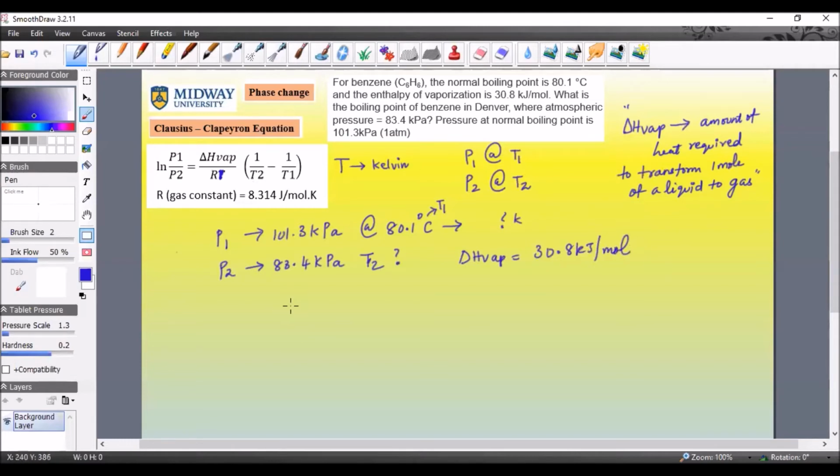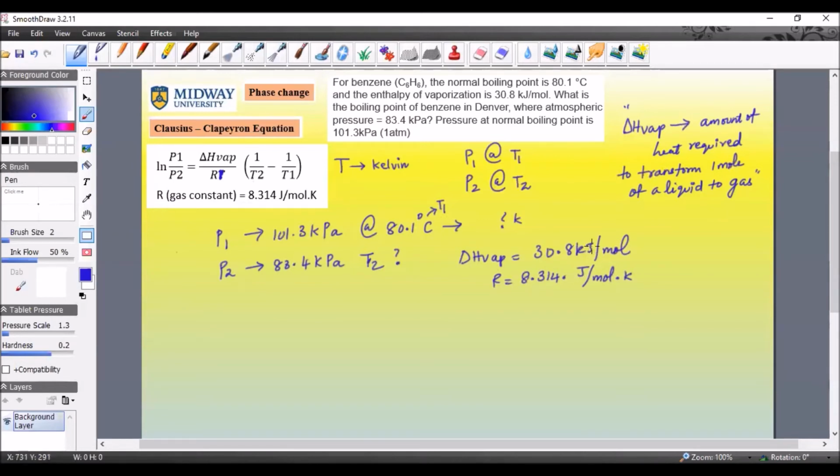Now we have to do a few basic cleaning up steps before we can actually solve this problem. First, we have to convert this to Kelvin. Also, the gas constant is 8.314, and there are two other conversions we have to do. This is in joules and this is in kilojoules.